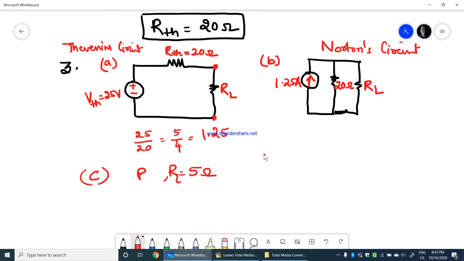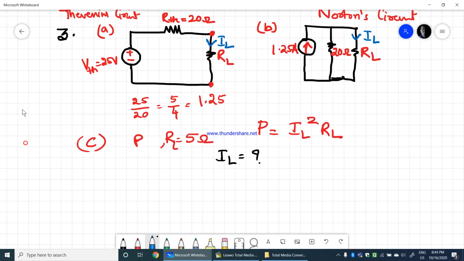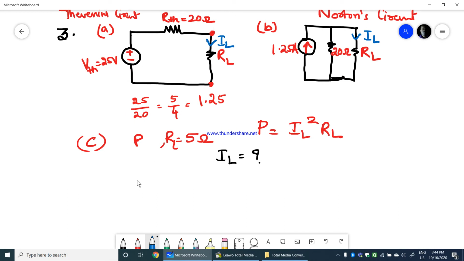The power formula is IL square into RL, so we need to find IL. Any circuit you can use, so I will use the Thevenin circuit.